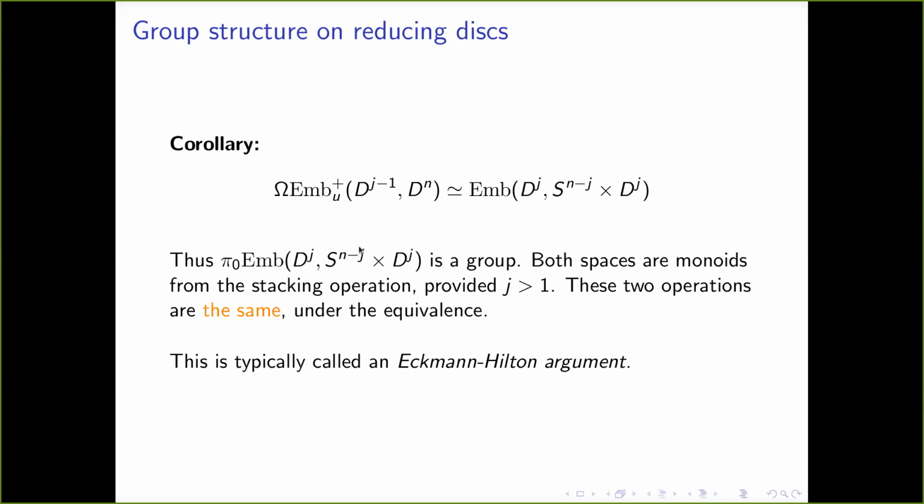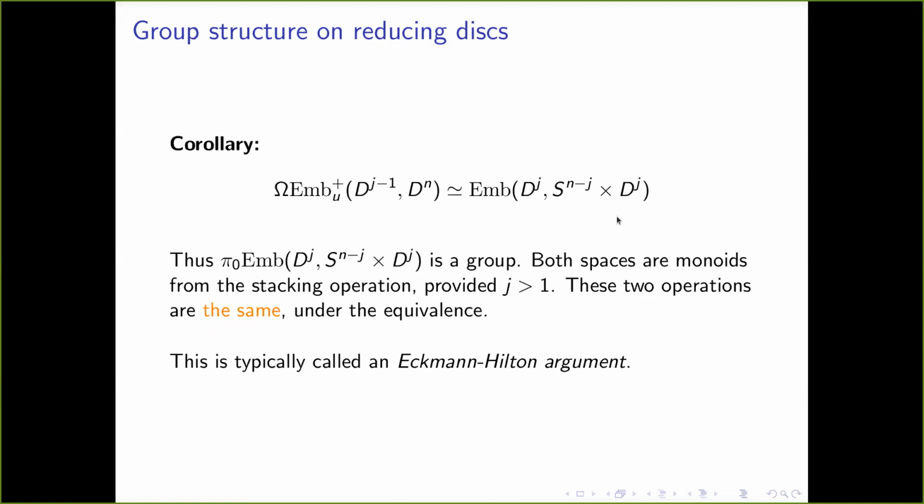So this stacking operation turns this into a monoid, and so under the equivalence that gives you two operations on this space, and by a standard Eckmann-Hilton argument, they're the same. So that's why pi zero of embeddings of a disk in sphere cross a disk is always a group.